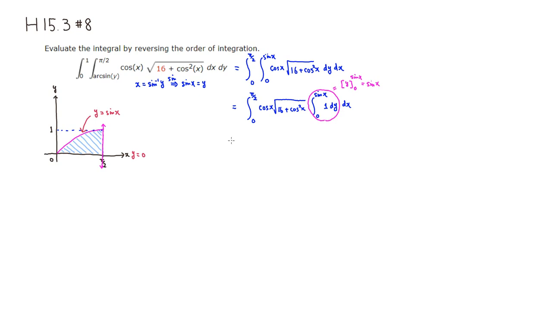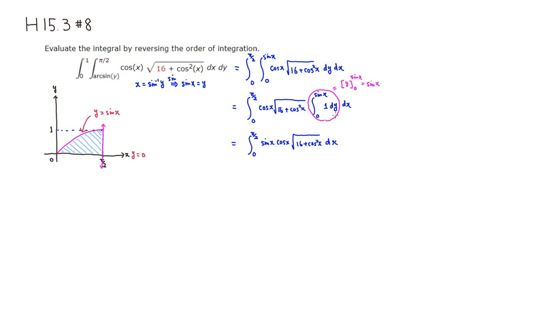So what you get is an integral from 0 to pi over 2 of sine of x times cosine of x times square root of 16 plus cosine squared of x, with respect to x.